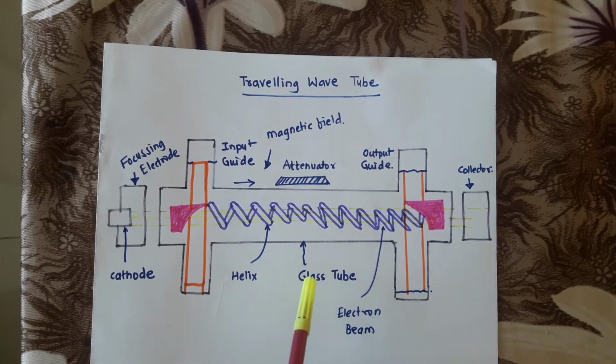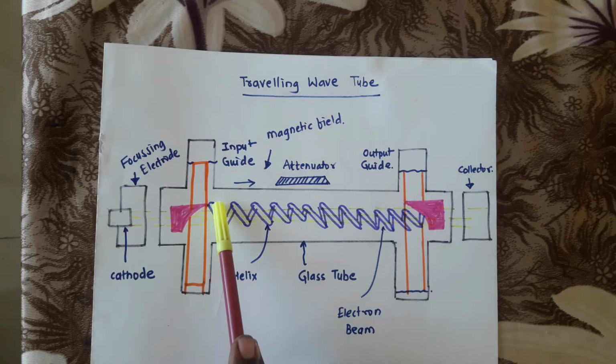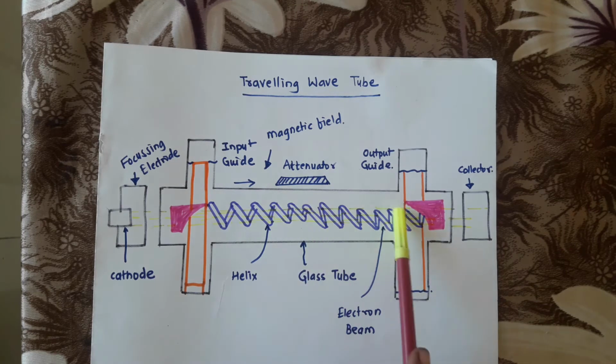This glass tube contains the helix structure. The actual electron beam flows through the glass tube and the RF field flows through this helix-like structure.